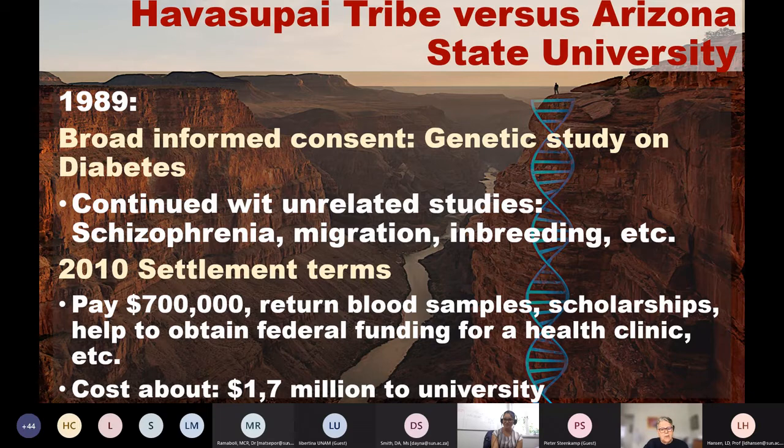They had to support scholarships. They had to help to obtain federal funding for a health clinic. So in the end, it cost the university about 1.7 million, this specific health research ethics issue.